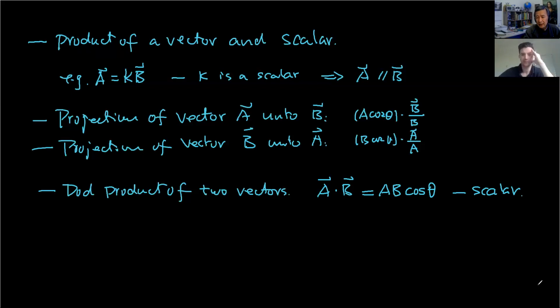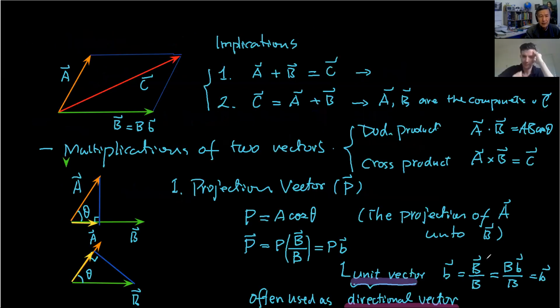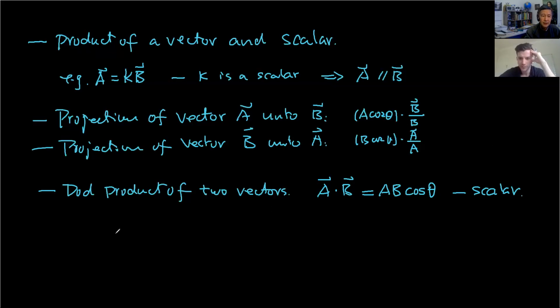But another thing we have to mention is that this is a special case. This is parallel in this case. We just return to this diagram. These are special cases. In general, it is a general case. If you can follow, we can use a parallelogram. So basically, it's A, and I can get the B here, and then the C can be considered as the sum.